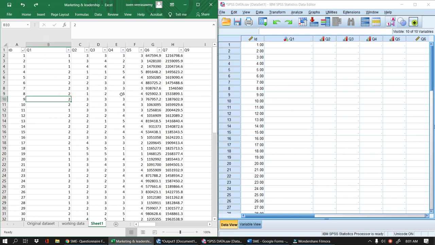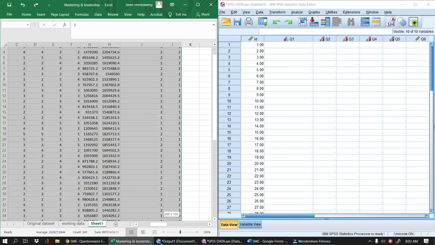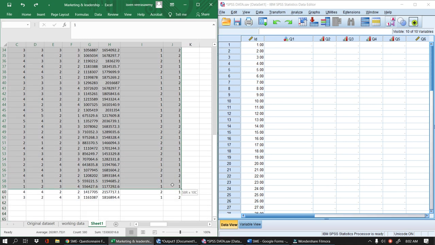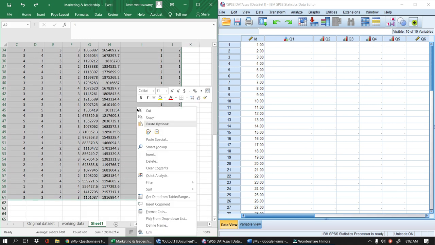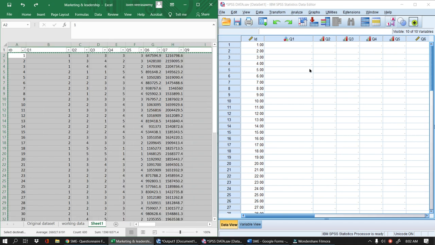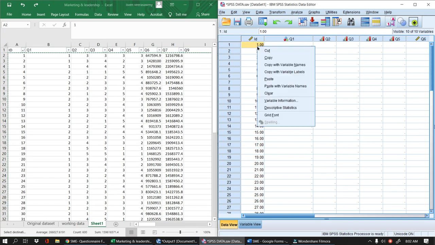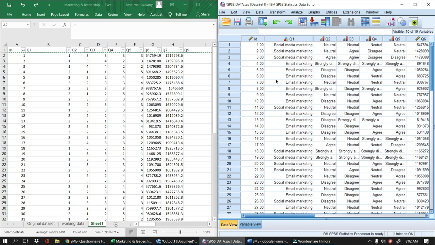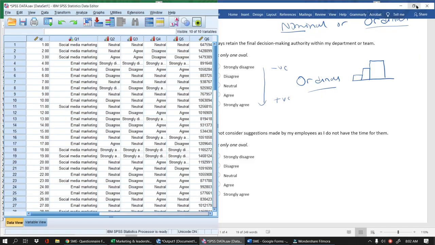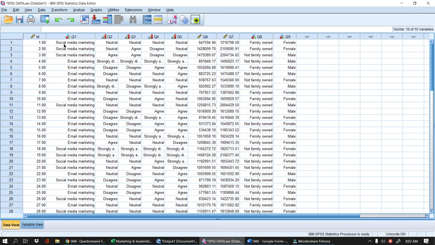Now since the data is in the form of numbers, you can just copy and paste it directly into SPSS without any issue. Just copy. Now you will see that the issue of the small letter a over here is no longer here.